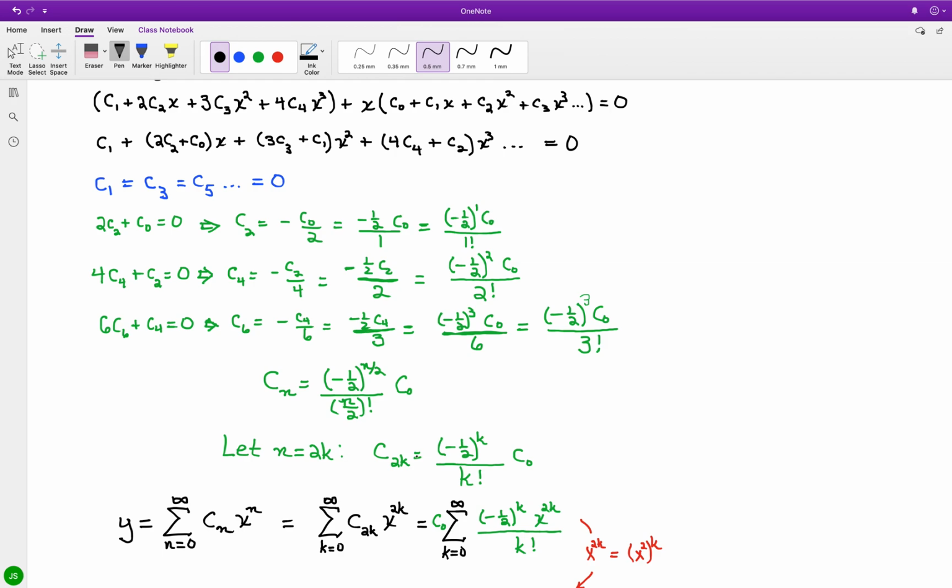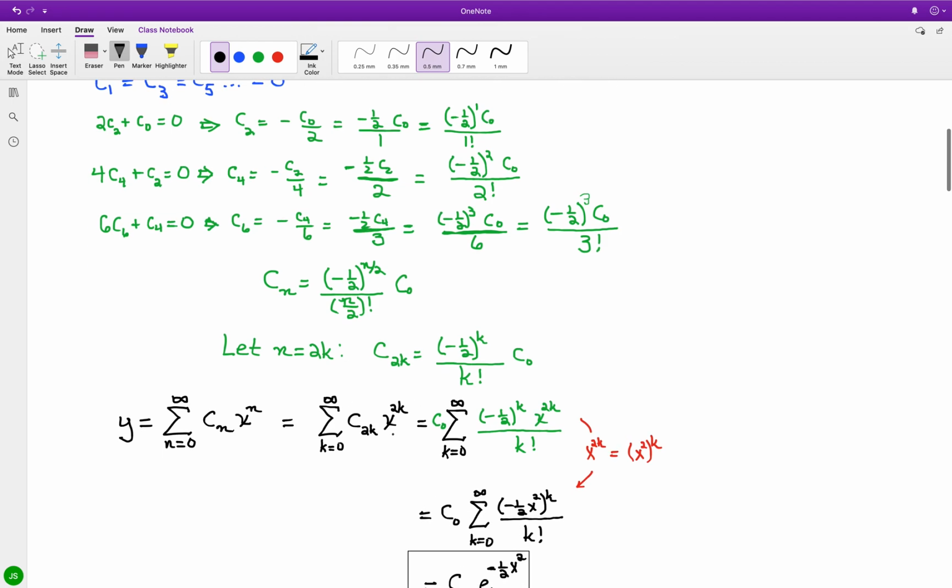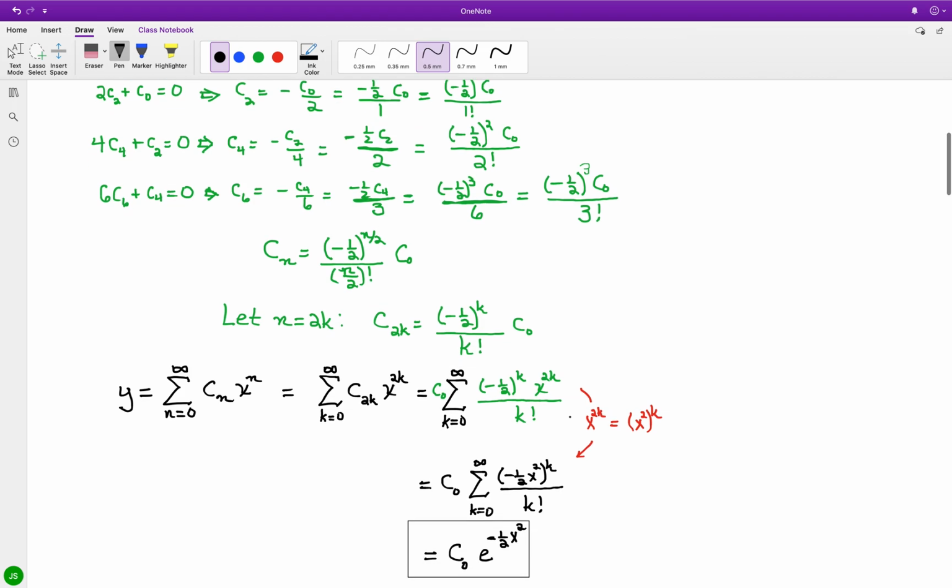Then taking the general solution, we have y equal to the sum of c of n x to the n as n goes from 0 to infinity, and letting n be equal to 2k, I have c of 2k times x to the 2k as k goes from 0 to infinity. For c of 2k, extracting the c naught and putting it at the front of the summation sign, we have negative 1/2 to the k over k factorial times x to the 2k.